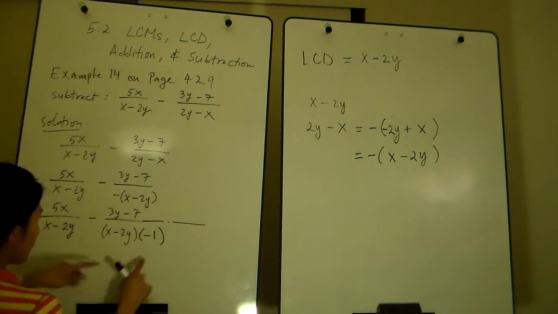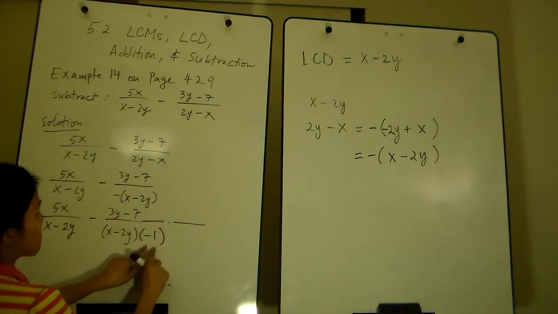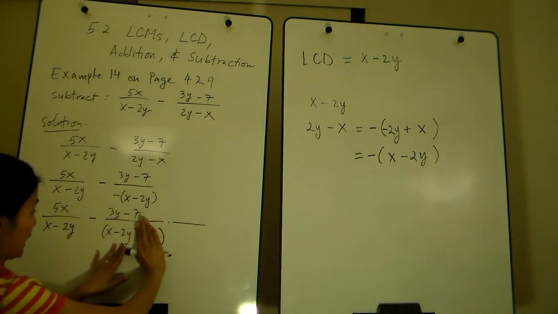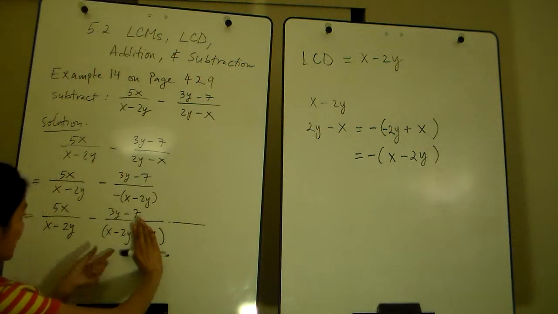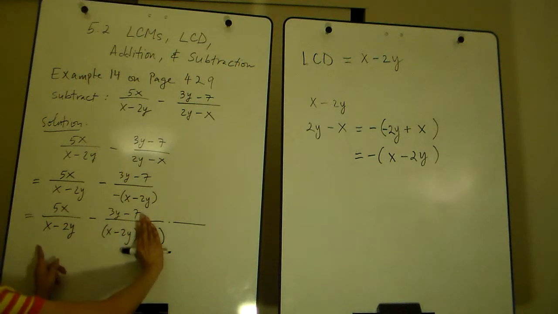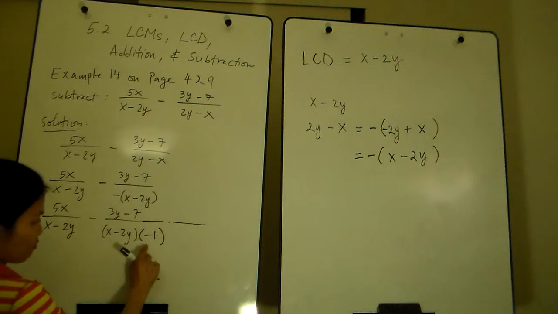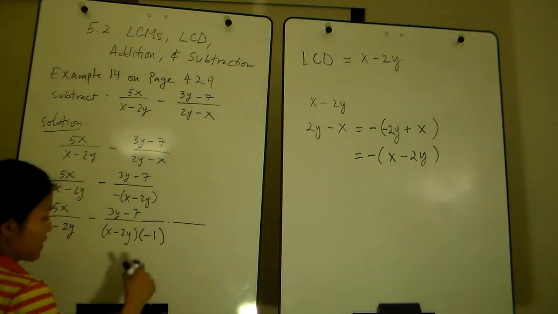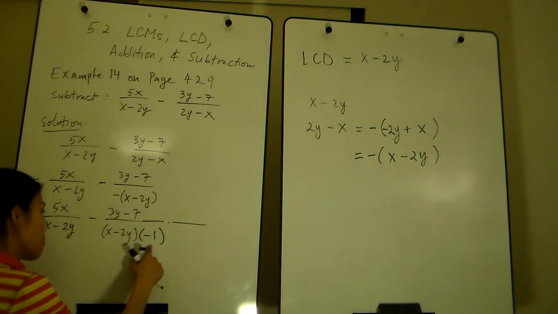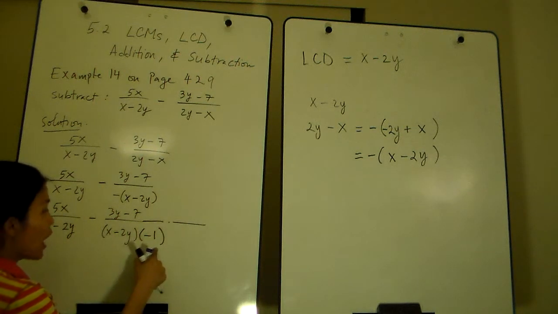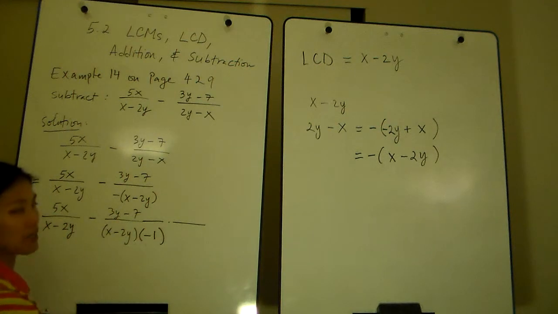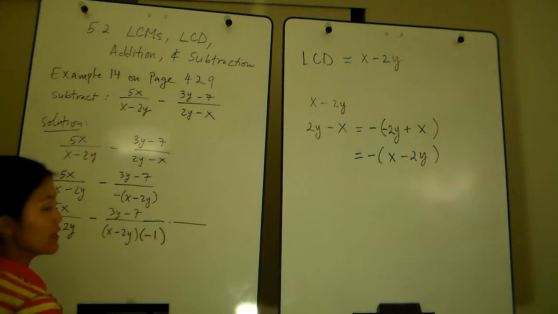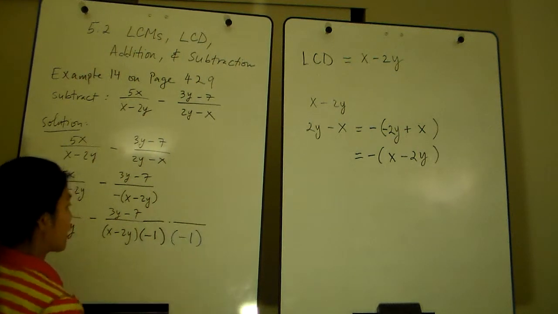Now, how do we remove this negative 1? If you remove this negative 1, you would get x minus 2y, which is the LCD. Then these two fractions have the same denominator. But we need to remove this negative 1, or think about how to make this negative 1 become 1. 1 times x minus 2y is x minus 2y. Negative 1 will become 1 if you multiply by negative 1 at the bottom.